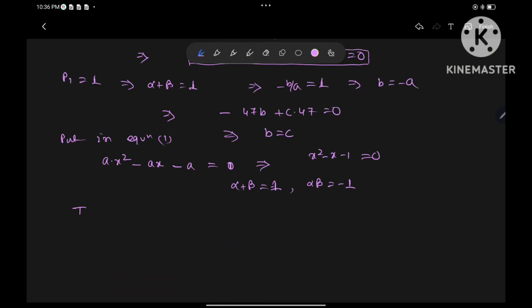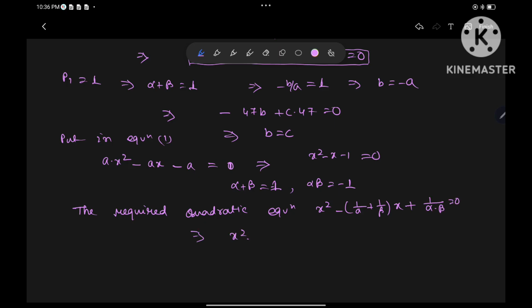So the required quadratic equation is x square minus the sum of the roots, 1 by alpha plus 1 by beta, into x, plus the product of the roots, 1 by alpha beta, equals 0.